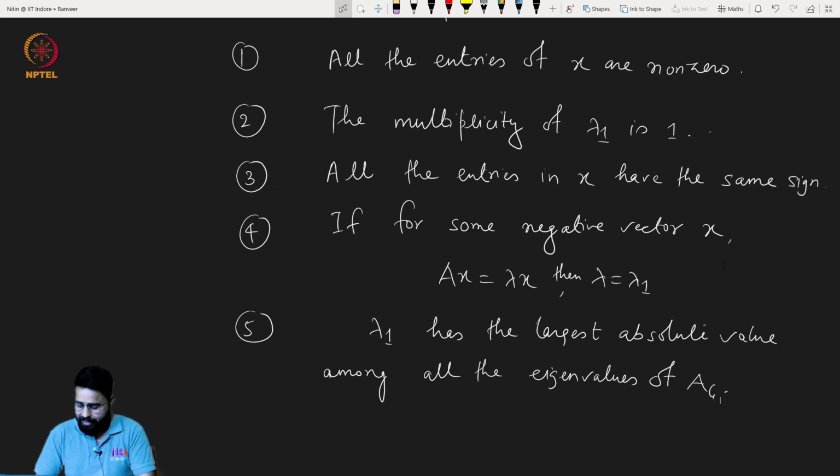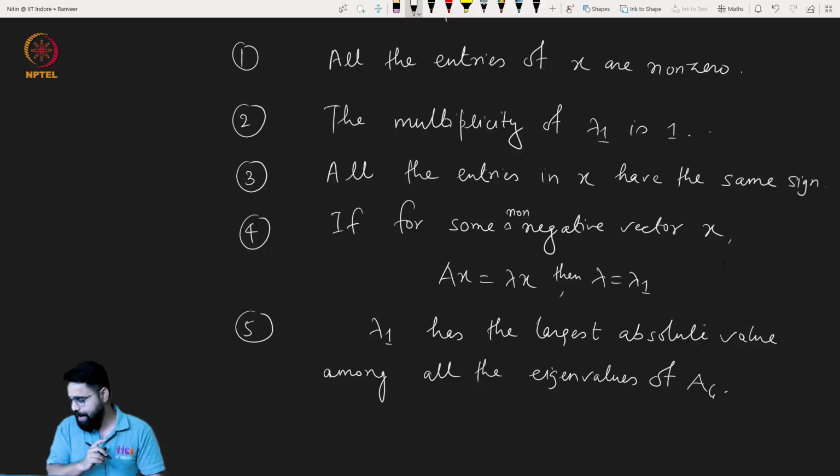This will also not be difficult to prove. If some non-negative vector x is an eigenvector corresponding to some eigenvalue, this implies that that eigenvalue indeed is the largest eigenvalue.